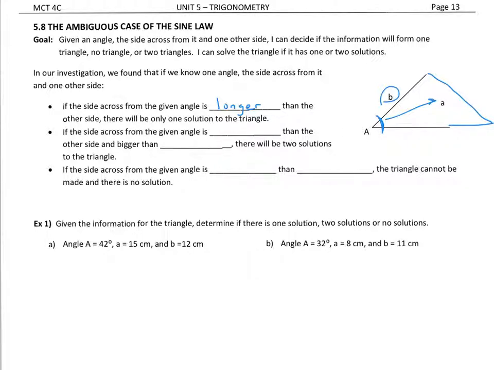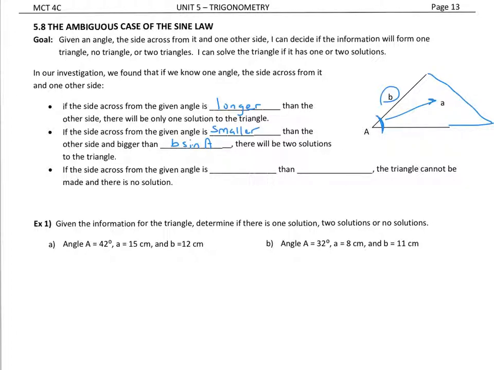If the side across from the given angle is smaller than the other side, but bigger than B sine A, so the other side times the sine of the given angle, there would be two solutions to the triangle.